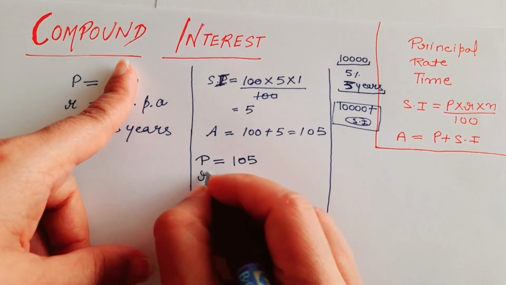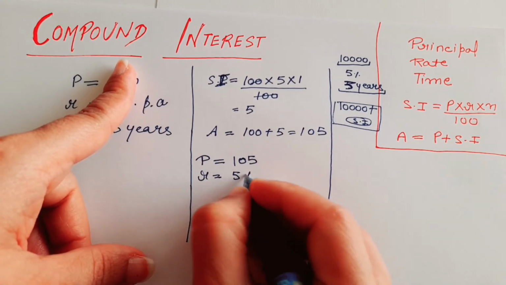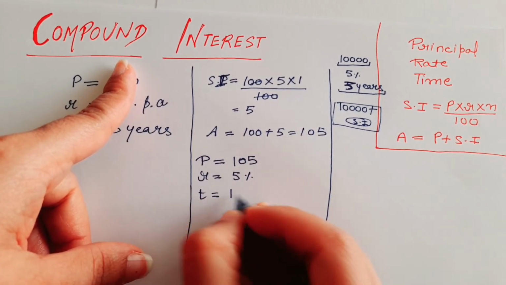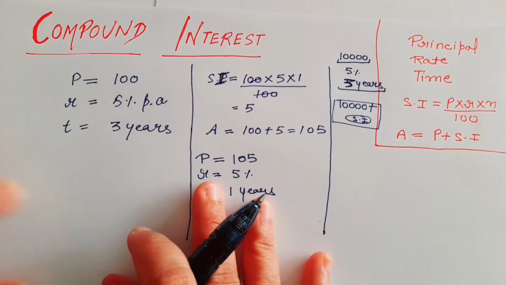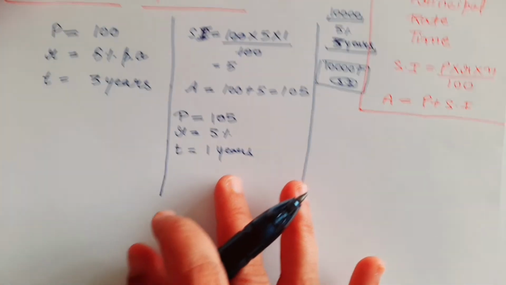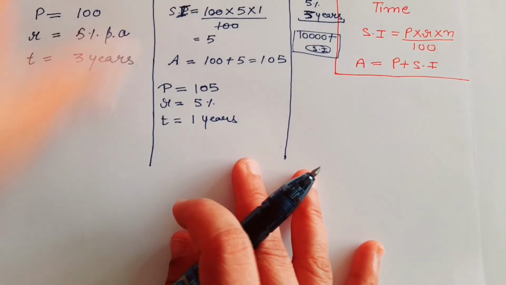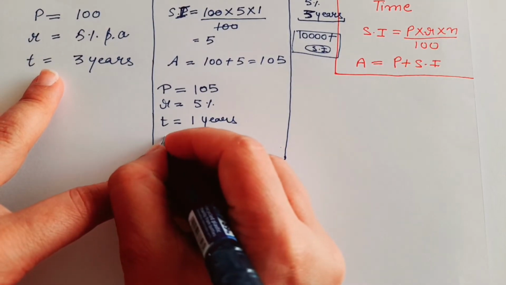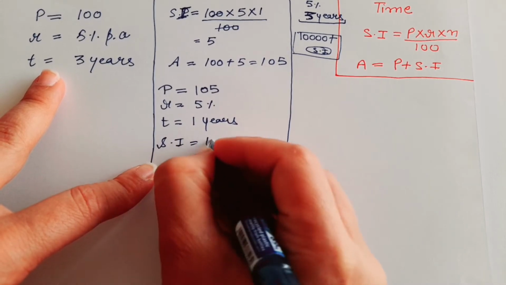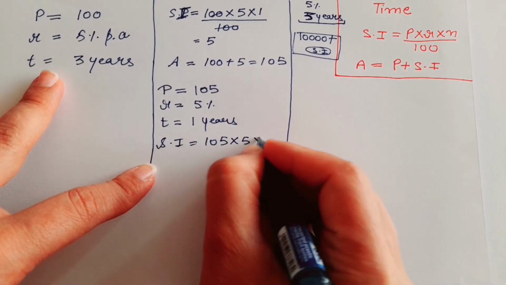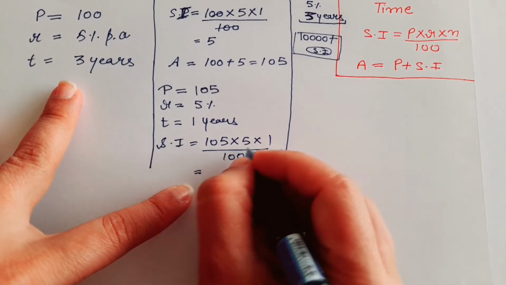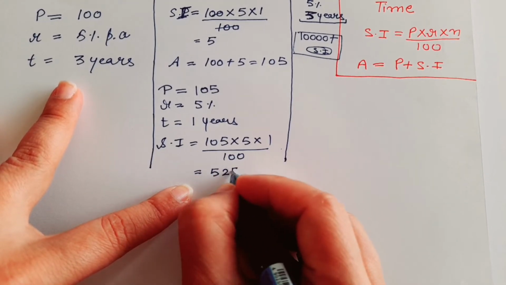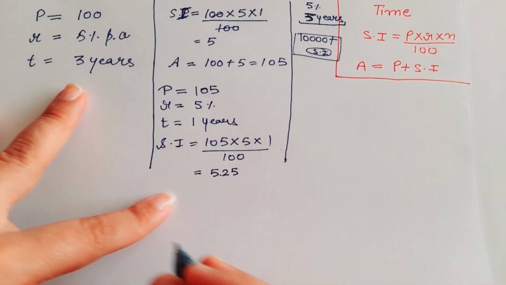When you calculate, the rate is 5% and the time is 1 year only, because you calculate only for 1 year, since every year your principal increases. So here simple interest will be 105 into 5 into 1 upon 100, which when you multiply is 5.25.